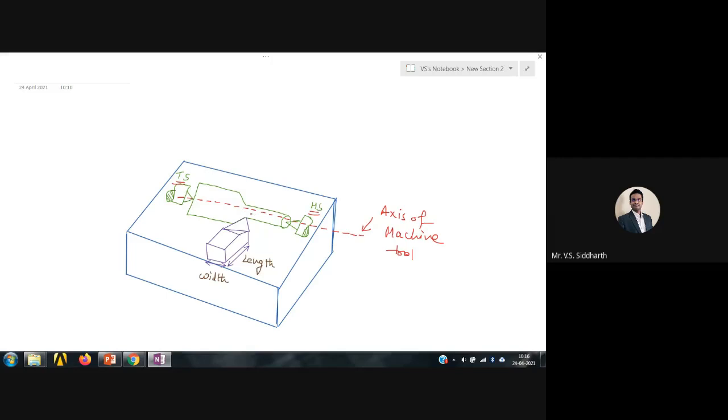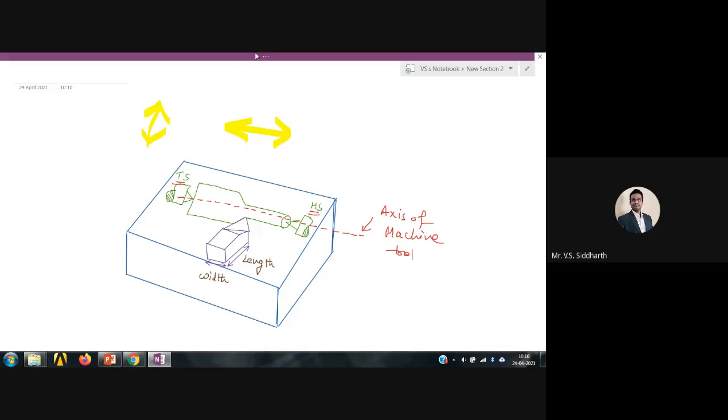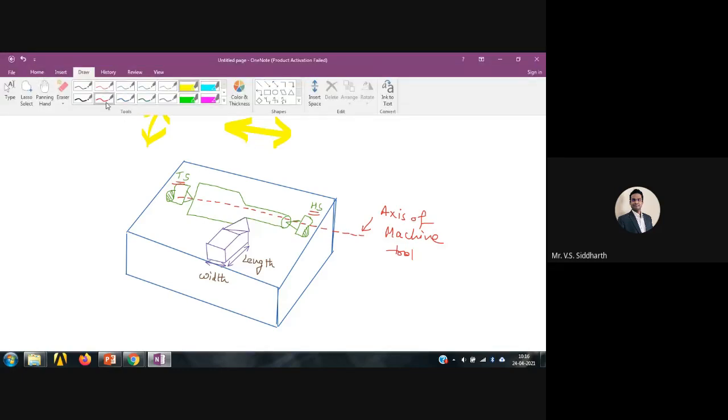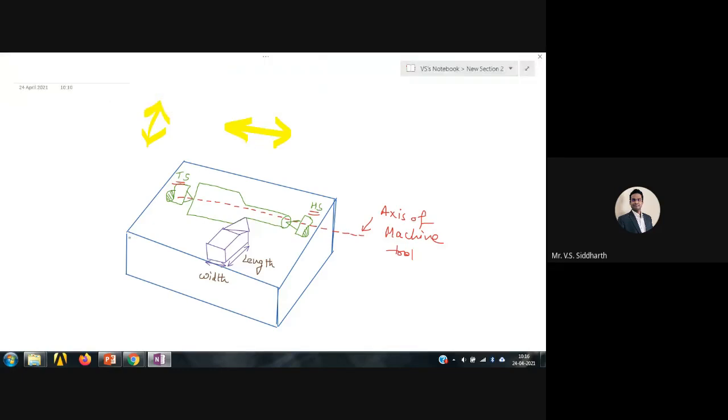So this direction is known as the longitudinal direction, and this direction is known as the transverse direction. I am thinking of this plane as a plane.